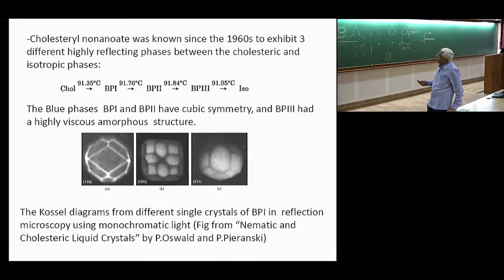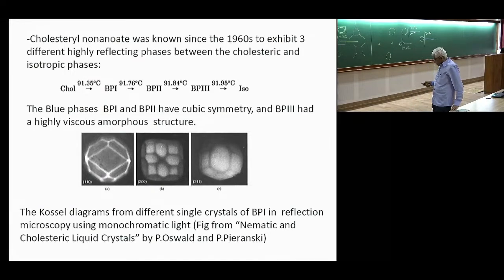But look at these temperatures, just 0.3, 0.4 degrees, blue phase 1. Then another blue phase, another 0.1 degree or so. And yet another blue phase, again another 0.1 degree, so a very narrow temperature range.